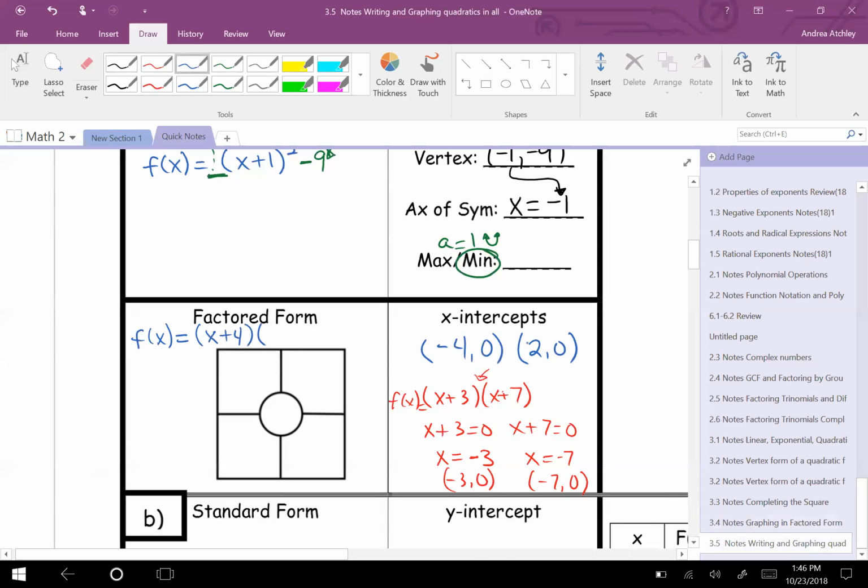And I can take that +2 and make it a -2. And so those are my factored forms. Any questions over that? So now if I were to solve this, I'd get my x-intercepts to be -4 and 2. Any questions over that?